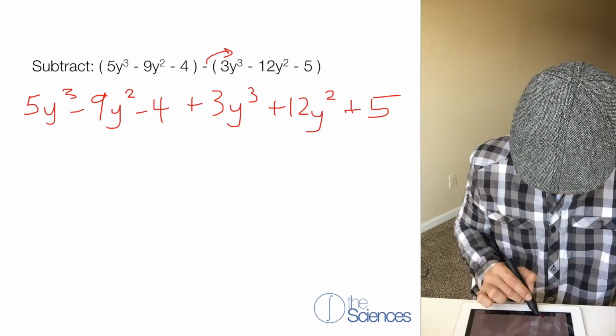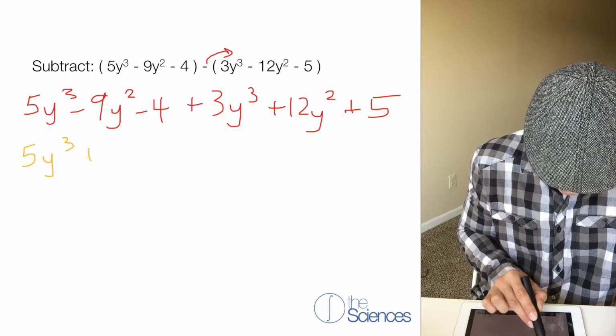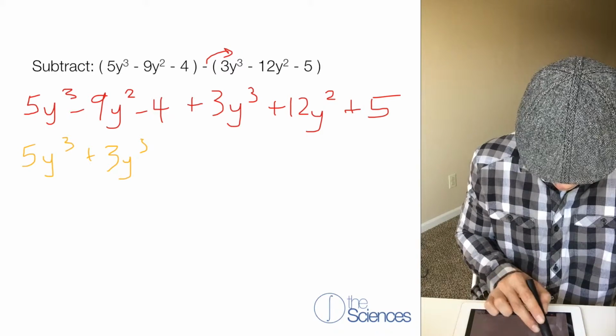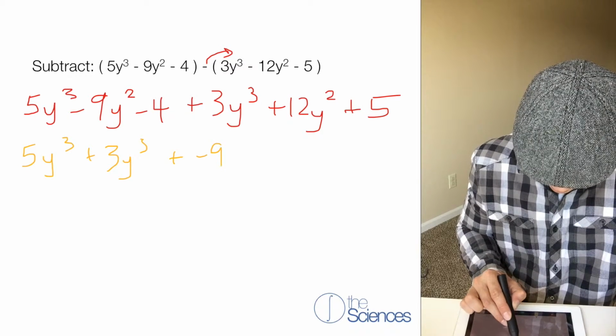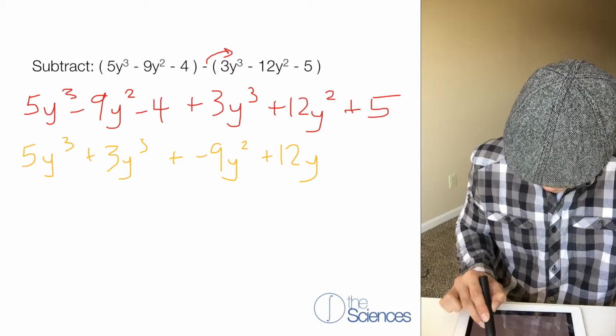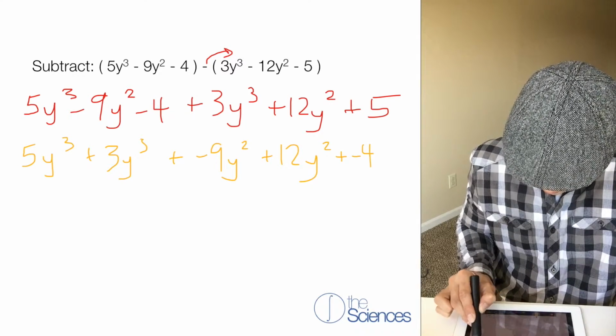So now we can combine our like terms. We have 5y cubed plus negative 3y cubed... plus negative 9y squared plus 12y squared, plus negative 4 plus 5.